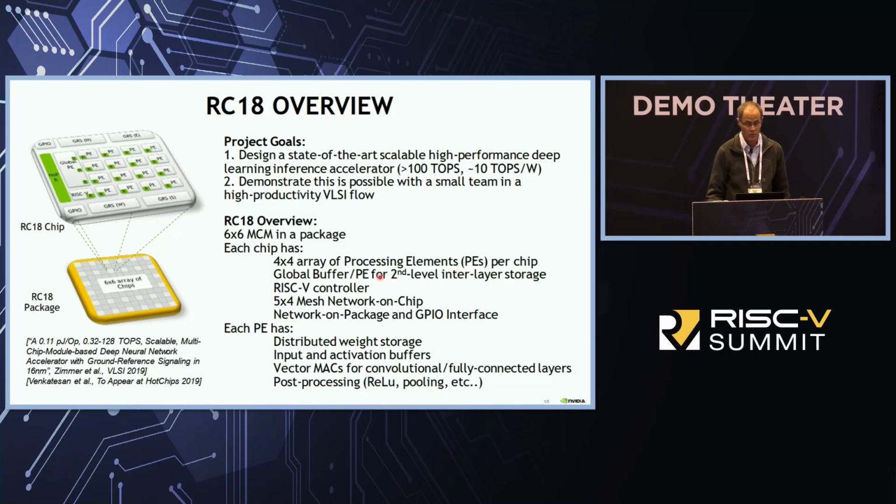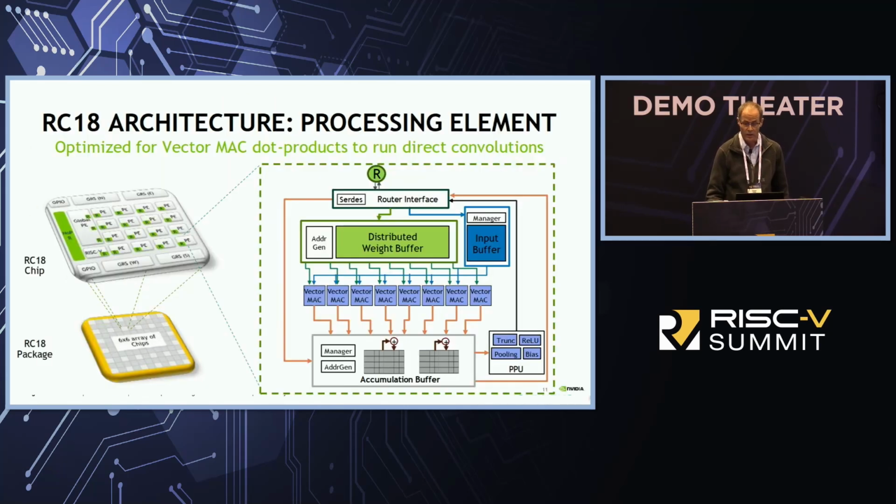We can zoom in a little closer on the processor element here and see that basically the core functionality within each of the PE or processing elements is a vector multiply accumulate hardware block.